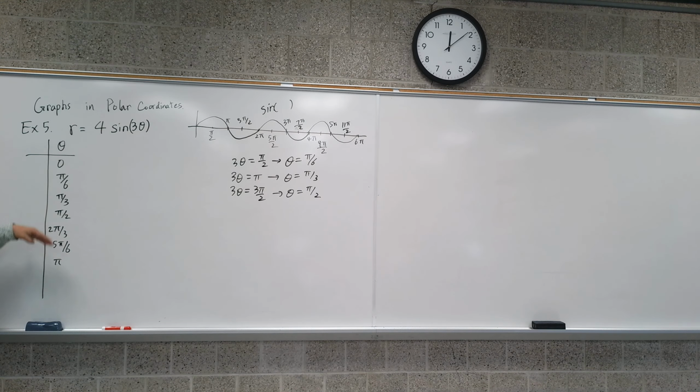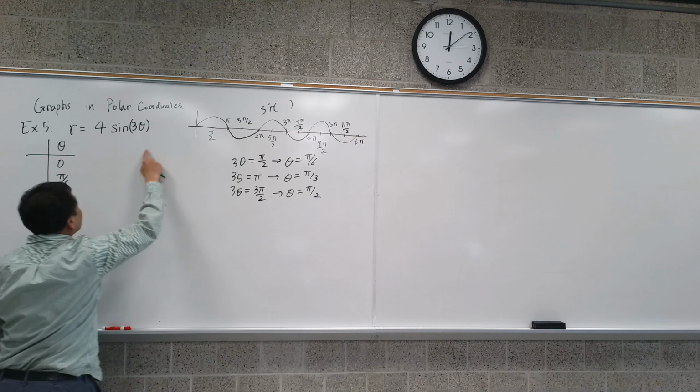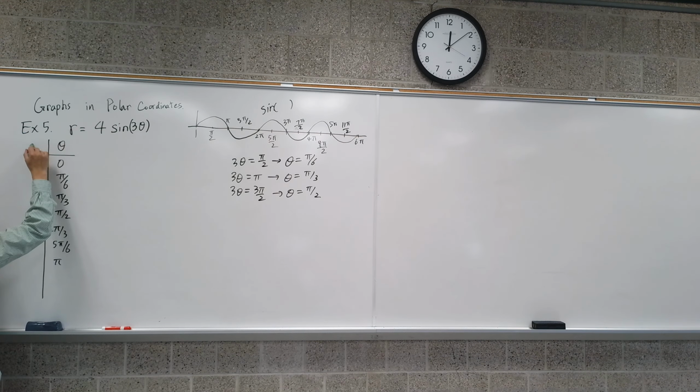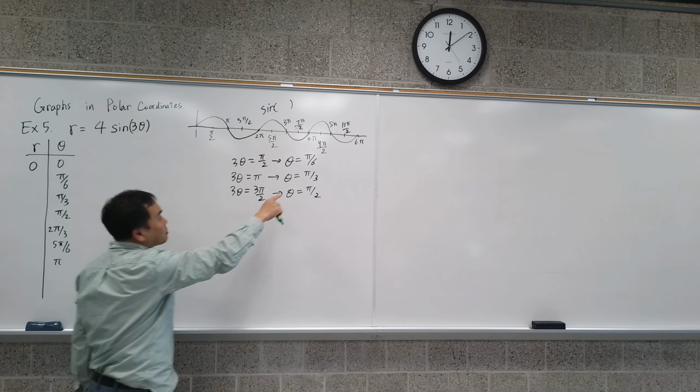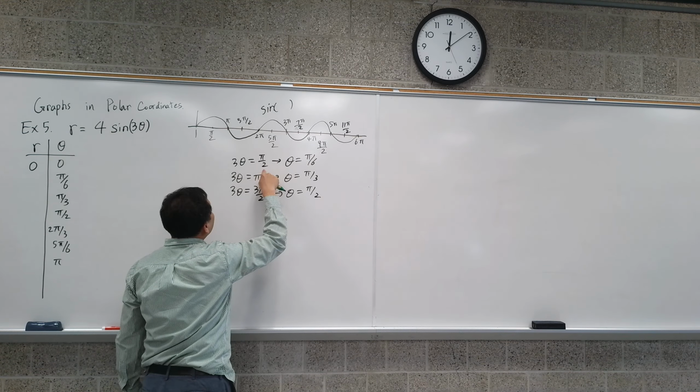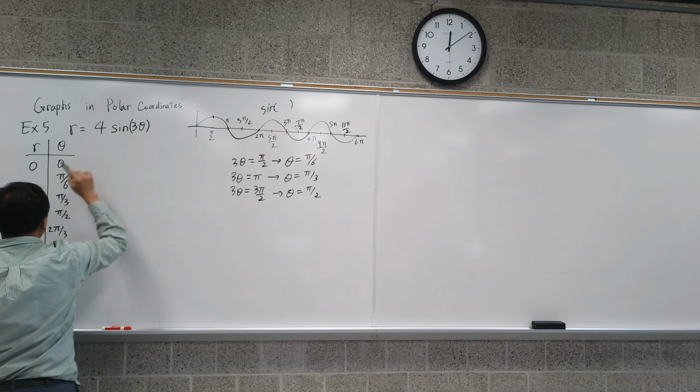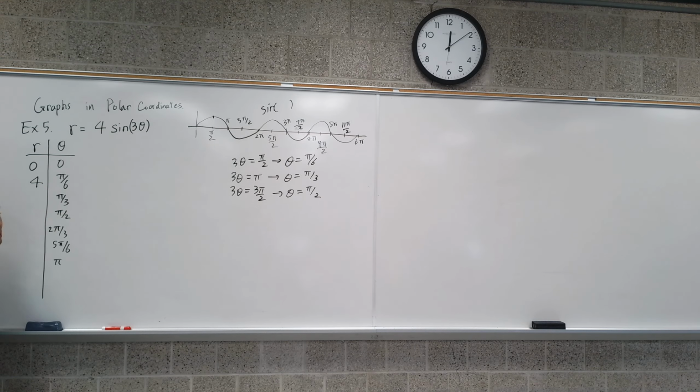Because for these values, it's easy to calculate the r value. So for example, when you have 0, the sine value gives you 0, giving you r as 0. When theta is pi over 6, 3 theta becomes pi over 2, and sine pi over 2 is 1. And 1 times 4 is 4. Put this as 4.